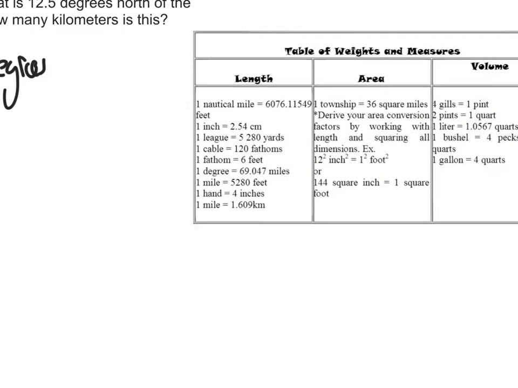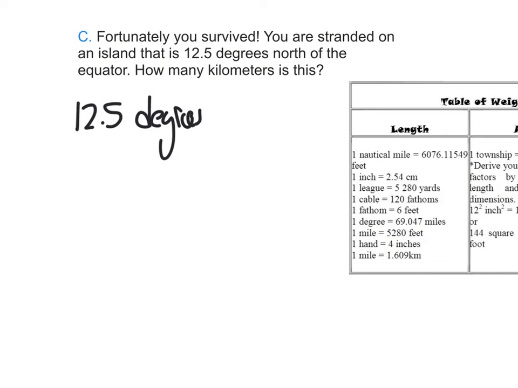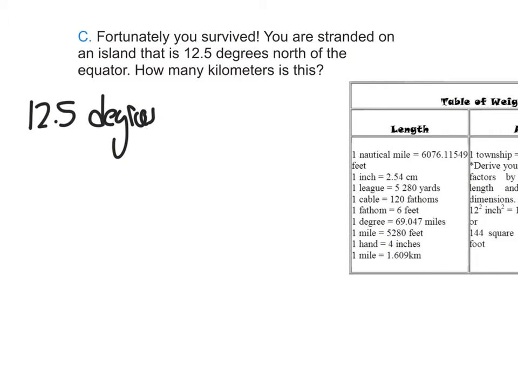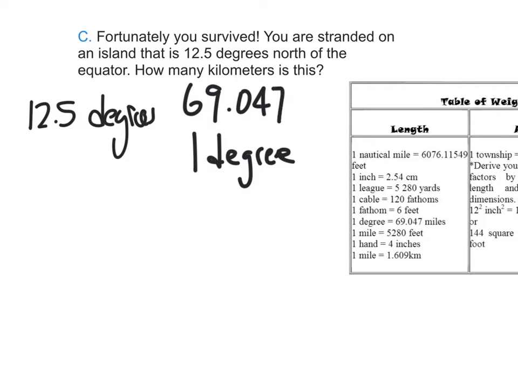All right, so what's that going to look like? I see that we have 12.5 degrees, and I know that 1 degree, we just said, is equivalent to 69.047 miles. Great.